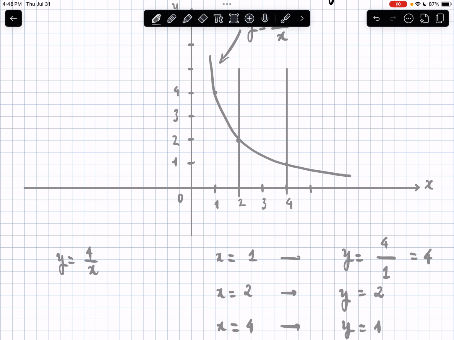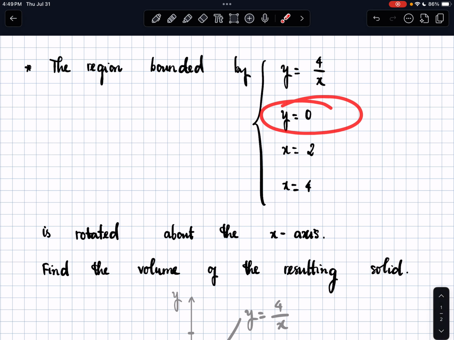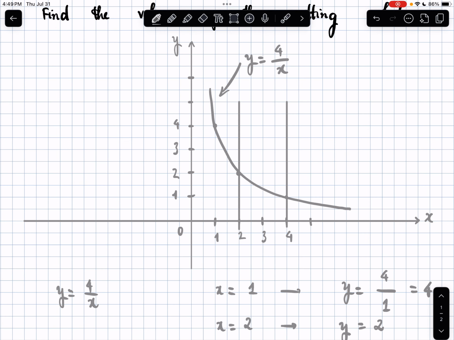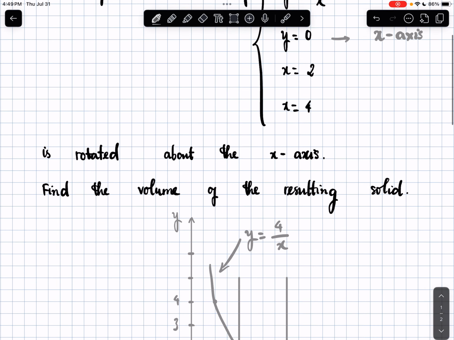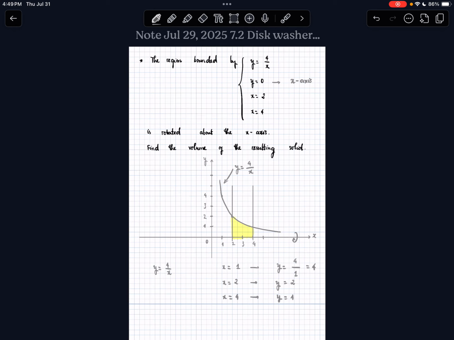Then we also have the line y equal to 0, which is the x-axis, which is this axis. So the region we will rotate about the x-axis is this region, and we revolve this region about the x-axis.